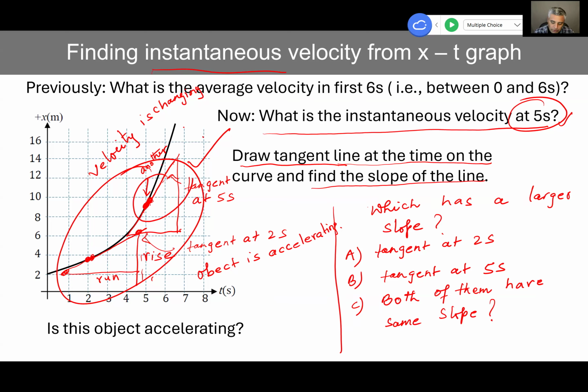And if you find the slope of this and that, and use those instantaneous velocities, you can find average acceleration if you like. So velocity final minus velocity initial means change in velocity, divide that by time interval, okay? That is delta V, and that gives you average acceleration. So you can find those things from a graph, okay?